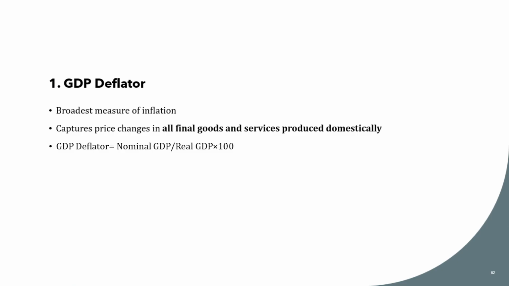What is meant by GDP deflator, to begin with? The GDP deflator is one of the broadest measures of inflation. It captures price changes in all final goods and services produced domestically.